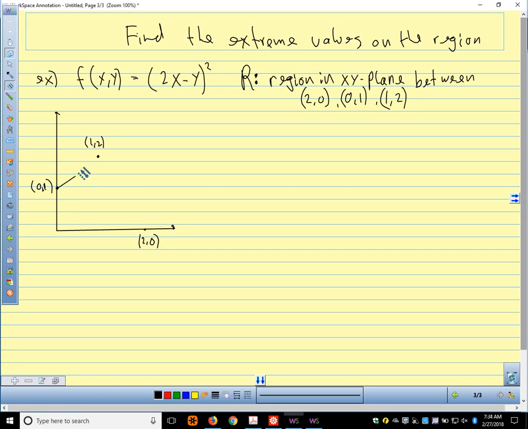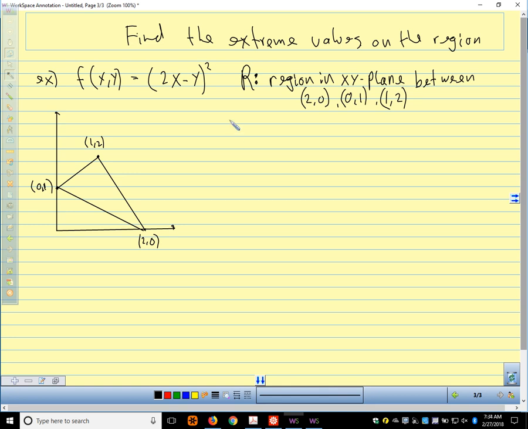So our region is that triangle in the xy plane. So we have this surface, (2x - y) squared, up here above this region. And we want to know the absolute maximum, absolute minimum value of the function above that region.